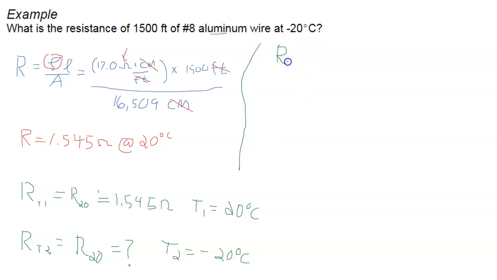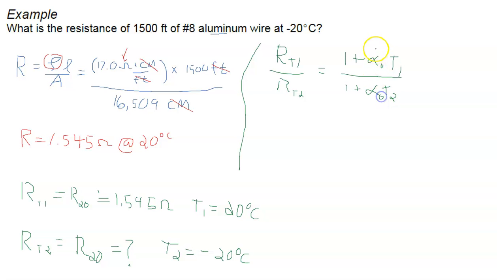Okay, so the ratio says that RT1 over RT2 is equal to 1 plus alpha 0 times T1 over 1 plus alpha 0 times T2.